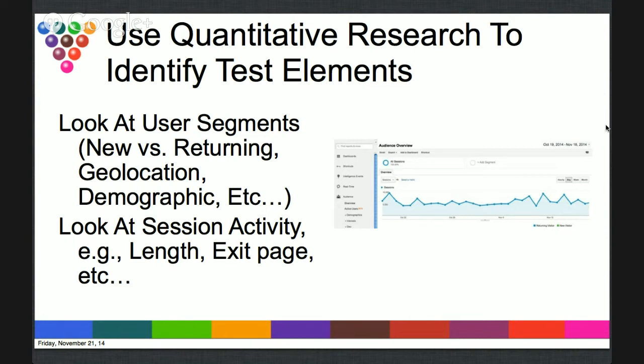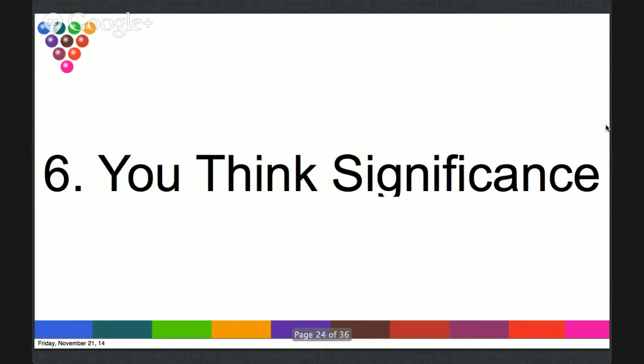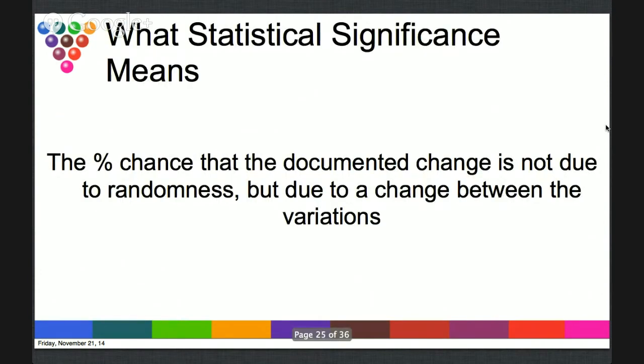So I think one of the biggest mistakes that we see is that people think statistical significance means validity, and that's not the case. Statistical significance in the way that we're using it is the percent chance that the documented change is not due to randomness, but due to a change between the variations.